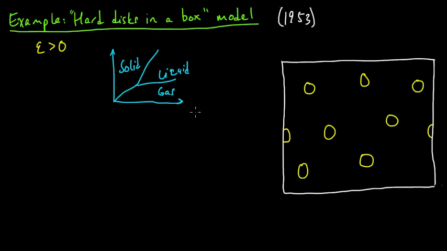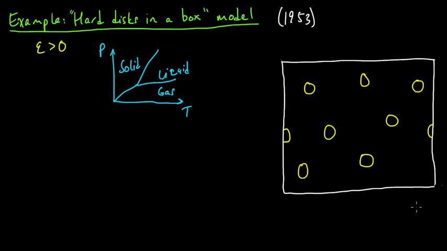On this axis is temperature, on this axis is pressure, and a subject of great interest to physicists is understanding phase transitions. So when you go from a liquid to a gas, for example, when you boil water, you're turning it from a liquid into a gas, or when it goes from water to ice, it's going from a liquid to a solid.